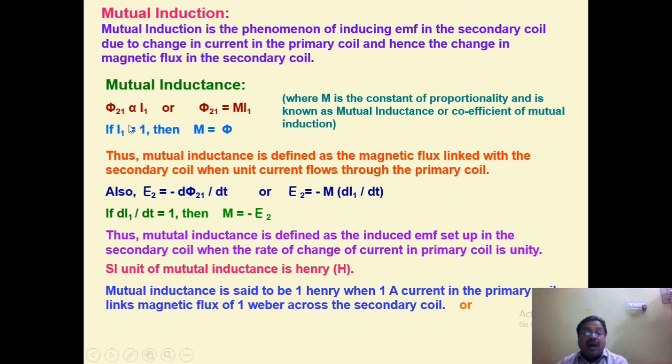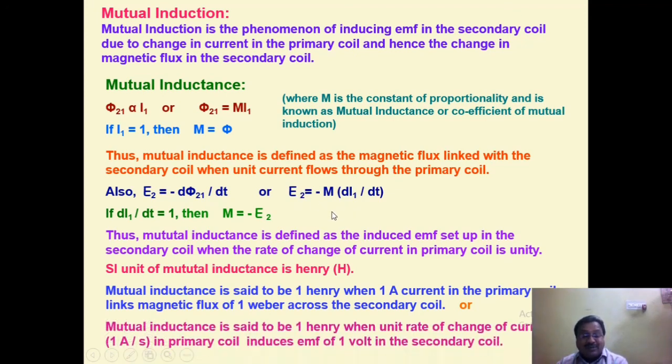From the formula phi 21 equal to M I1, if I1 equal to 1 ampere and phi 21 equal to 1 Weber, then M will be 1 Henry. Similarly, from the second formula, E2 equal to minus M dI1 by dt, if current changes at a rate of 1 ampere per second and induces an EMF of 1 volt, then M will be 1 Henry.